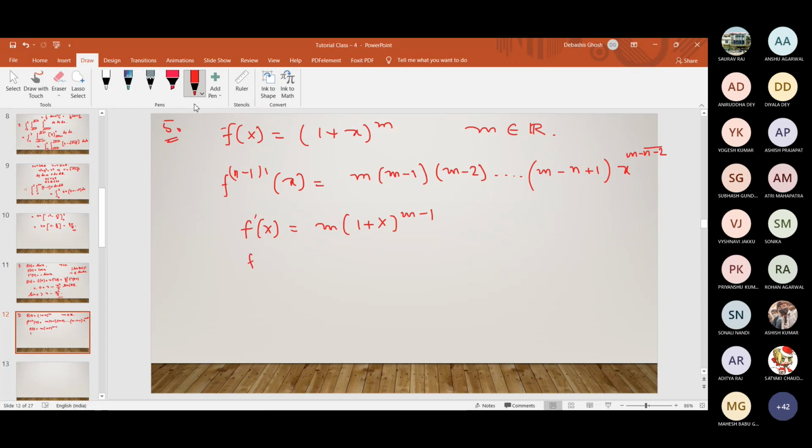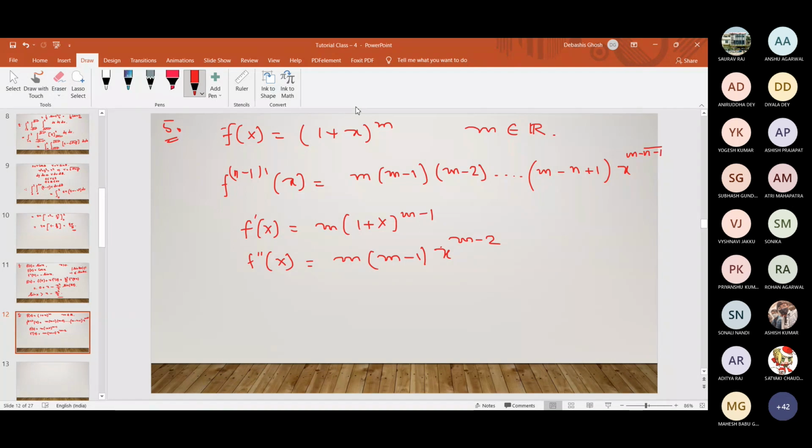So f double dash x comes to m minus 1 x to the power m minus 2. For double dash we have the 2, so for n minus 1 dash we must have n minus 1.